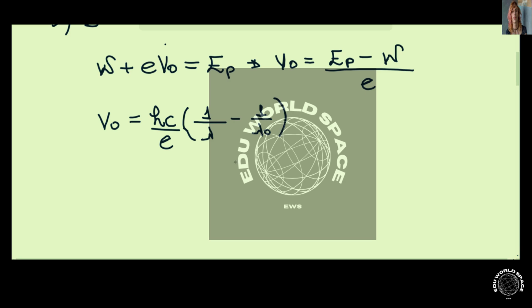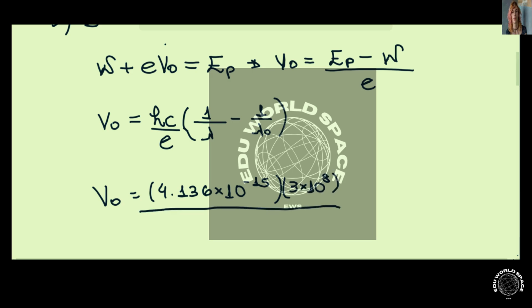Now we just substitute the values. V0 is Planck's constant, 4.136 times 10 to the minus 15 electron volts times the speed of light, 3 times 10 to the 8, divided by the electron's charge, which is 1 electron. I'm not writing in coulombs, so I can divide electron volts times second by 1 electron.